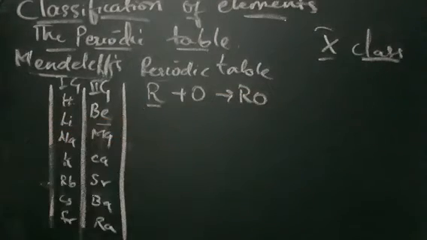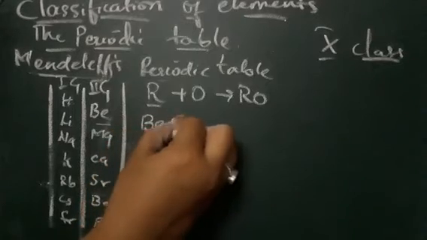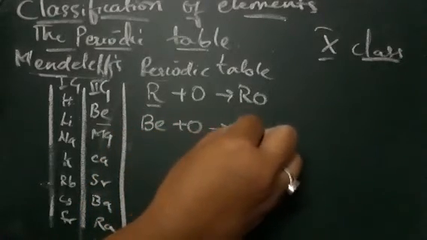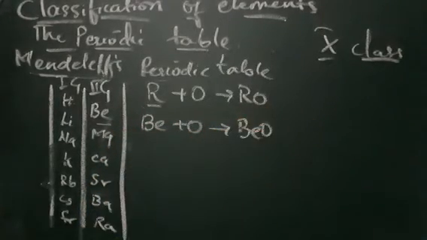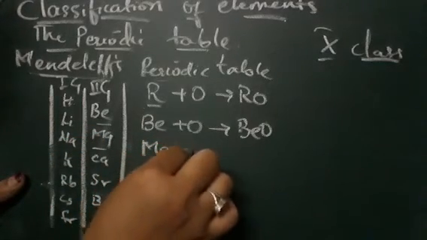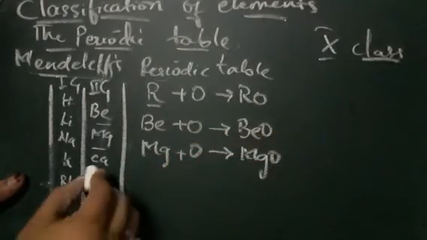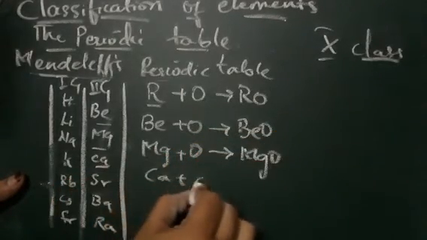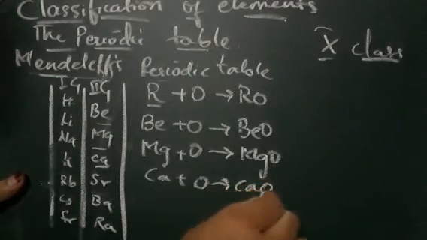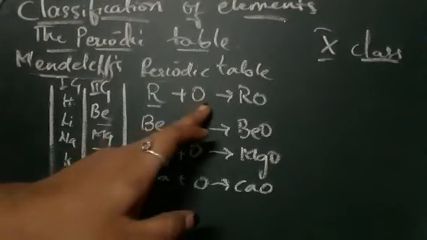If we take beryllium, Be reacts with oxygen and gives BeO. Similarly, magnesium, Mg plus O, gives MgO. Calcium, Ca plus O, gives CaO, and so on. So the elements present in the second column react with oxygen to form compounds of the type RO.